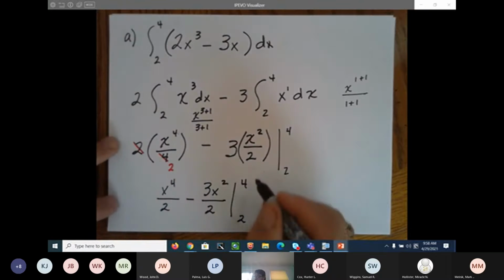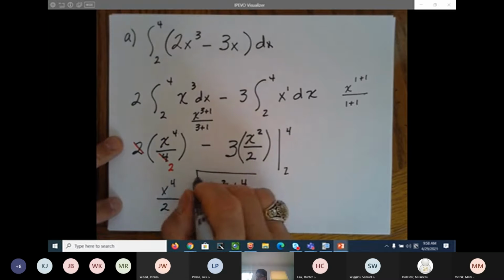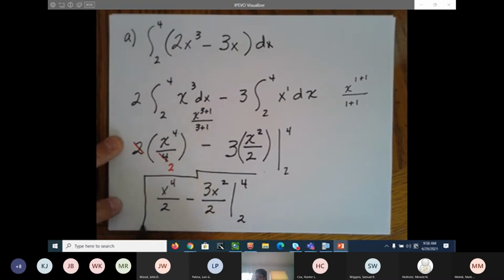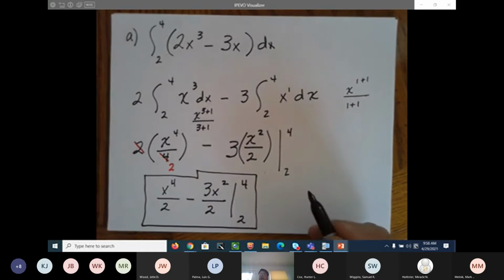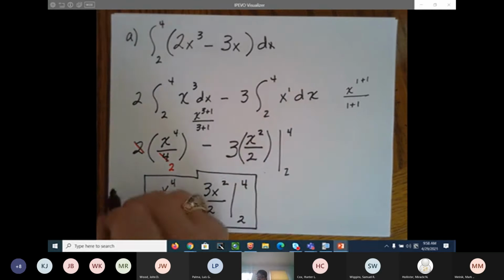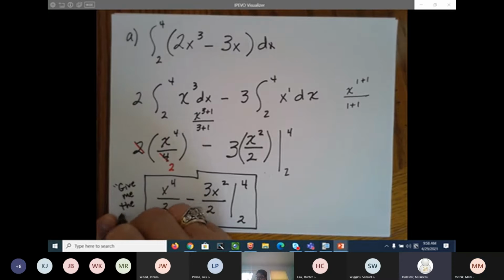There are some people, some instructors, that will take this as an answer. Has anybody ever had a pre-calculus instructor or a calculus instructor that just says, give me the setup? Anybody? I haven't.